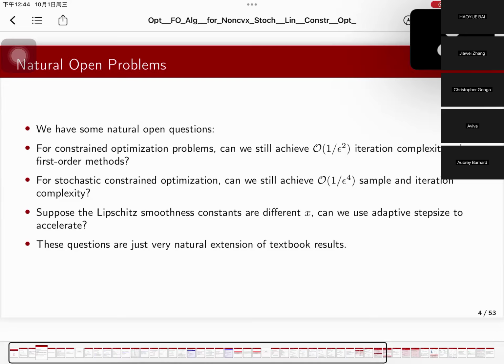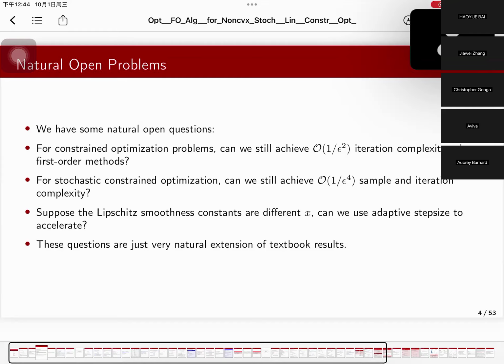The second part will be about another question. Previously we know that the step size choice and the iteration complexity depend on the Lipschitz smoothness constant. Usually we assume that we have a uniform Lipschitz smoothness constant. But this kind of estimation is very loose, because as I just mentioned, the Lipschitz smoothness constant is related to the spectral norm of the Hessian matrix.